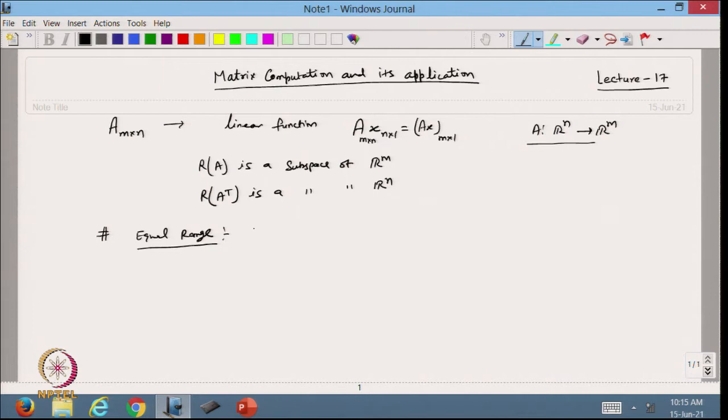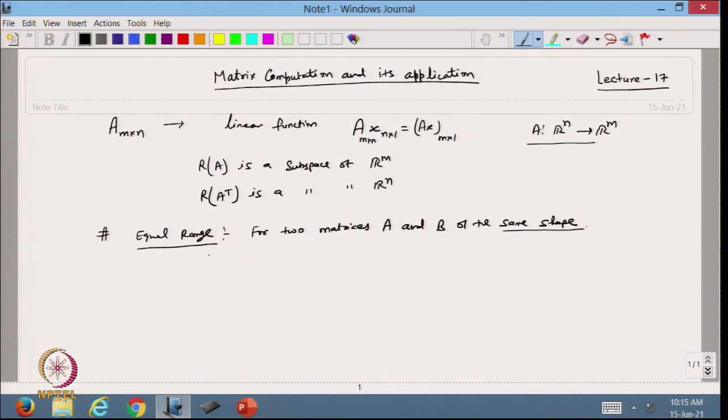Suppose we have two matrices A and B of the same shape, meaning of the same order.